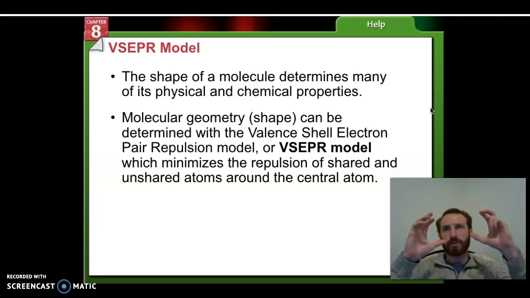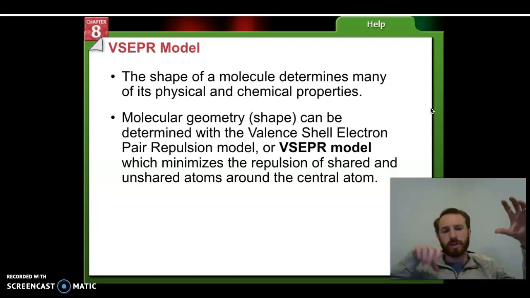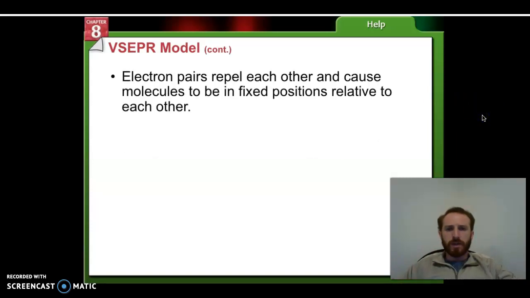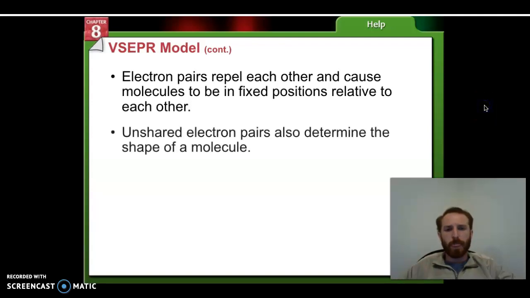Okay, so the more bonds you have, the more likely you are to have different shapes, because you're going to have electrons moving away from each other. So they're going to repel each other and cause molecules to end up getting stuck in positions. If they're an unshared electron pair, they're also going to play a role, but they're going to change it a little bit differently than an actual bonding pair.